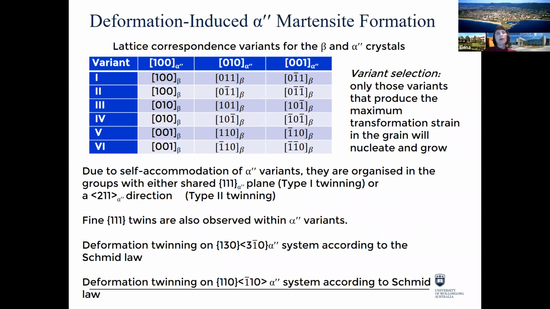However, when we have application of load, the variants are not formed randomly, but we have so-called variant selection. The standard approach to predict which variants will form is usually the one that produces the maximum transformation strain.